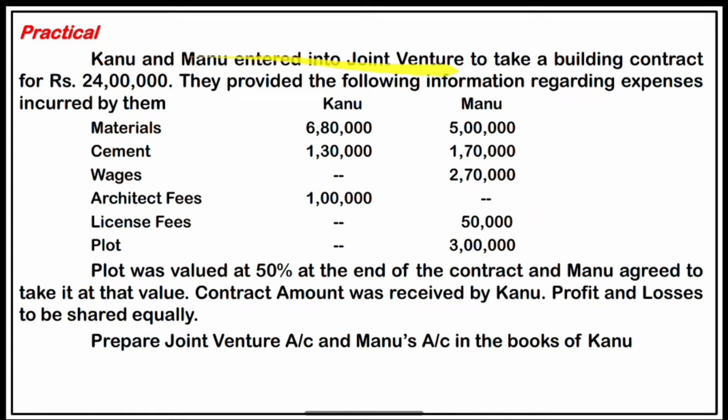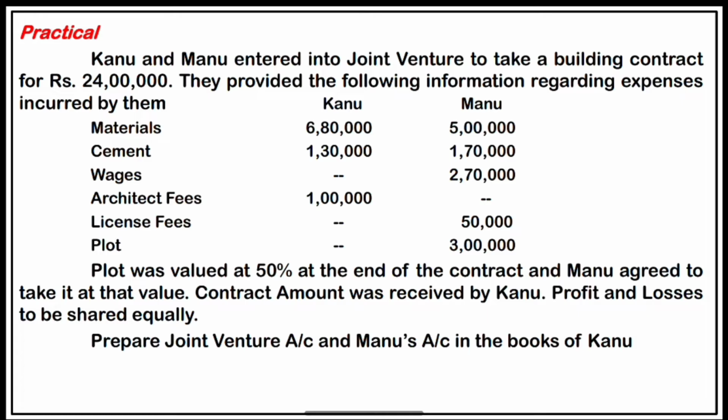Kanu and Manu entered into joint venture to take a building contract for rupees 24 lakh. Now see, this is an example of contract, building construction related joint venture. They provided the following information regarding expenses incurred by them. Kanu, Manu, materials 6,80,000, 5 lakh by Manu, cement 1,30,000 and 1,70,000.